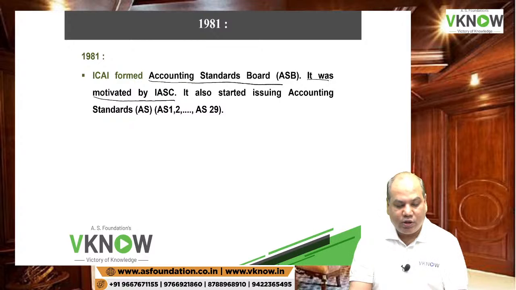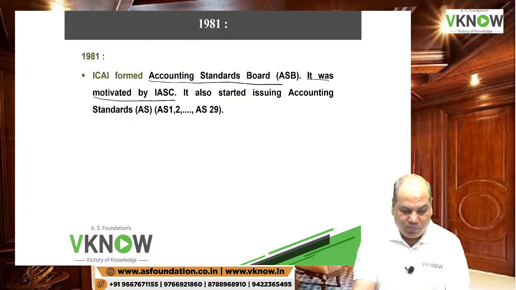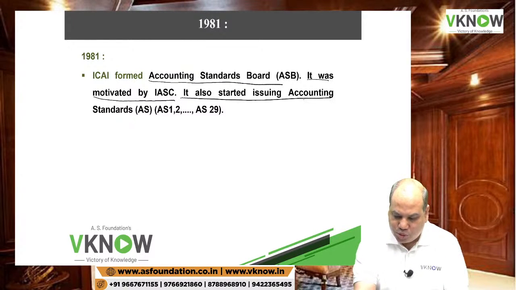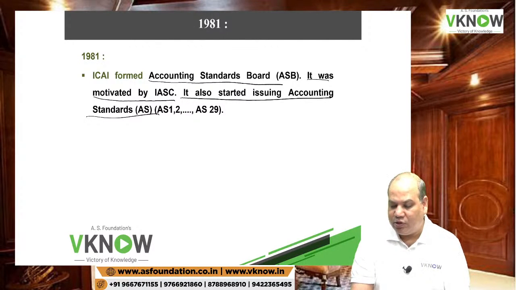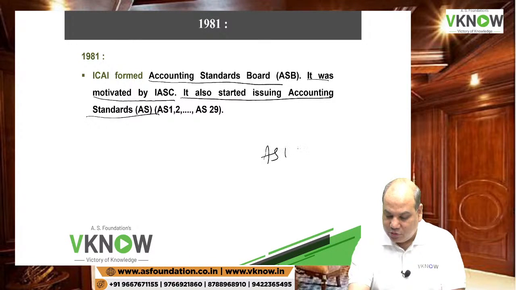And then what was the main role of ASB? The main role of ASB was to issue accounting standards. How many accounting standards have they issued? They have issued AS 1 to AS 29, it's written there.